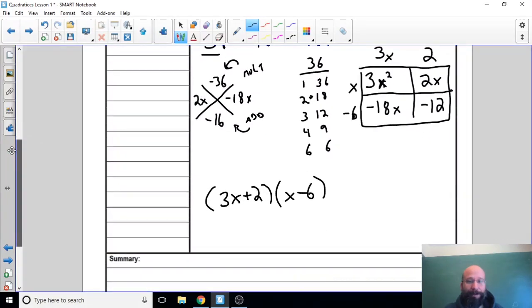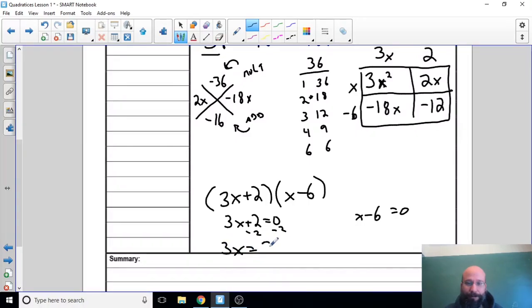And now to solve them, I set each one equal to 0. 3x plus 2 equals 0. x minus 6 equals 0. And then I solve for x. So subtract 2, 3x equals negative 2, divided by 3. x equals negative 2/3.